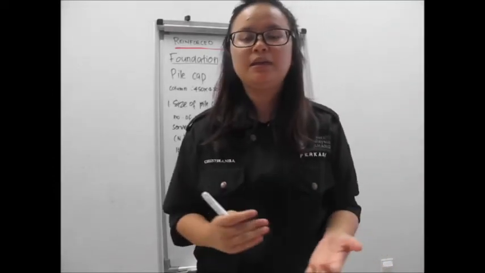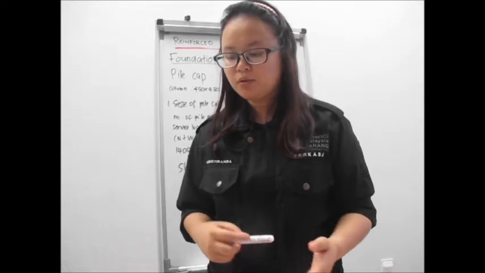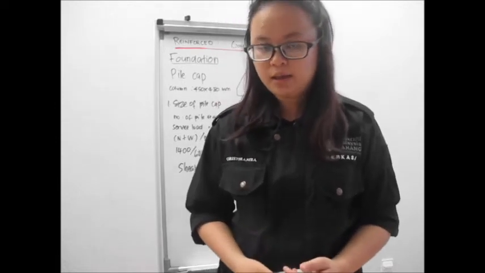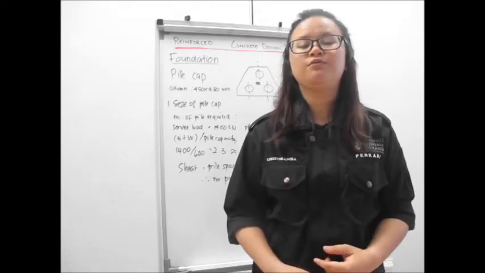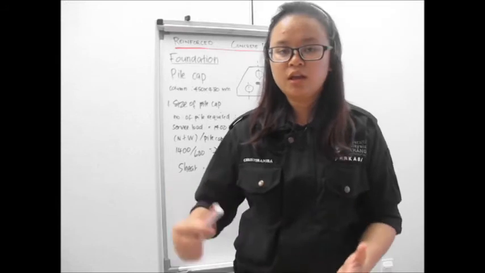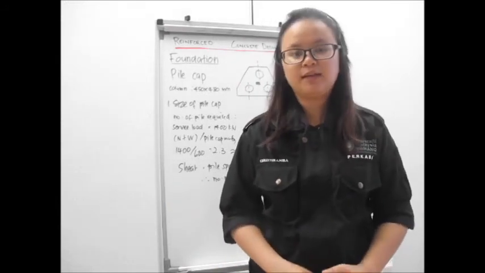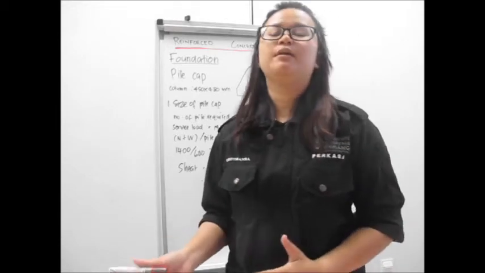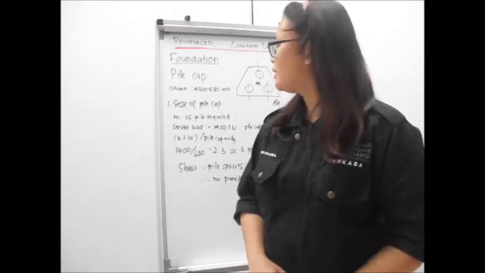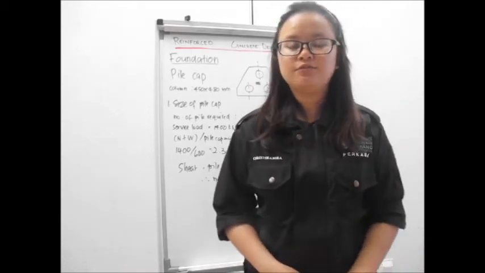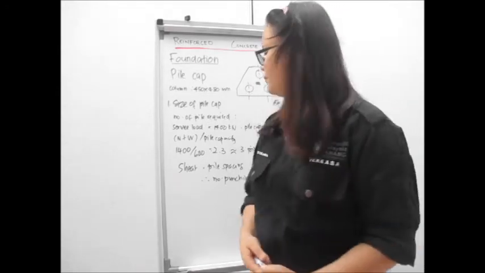There are so many types of foundation. Based on our project, we choose a pile cap because our location is at Kuantan, and we found out that the strength of the soil is not sufficient to sustain the load of the building. Hence, we came out with the pile cap foundation. For the design, the first thing is to determine the size of the pile cap.